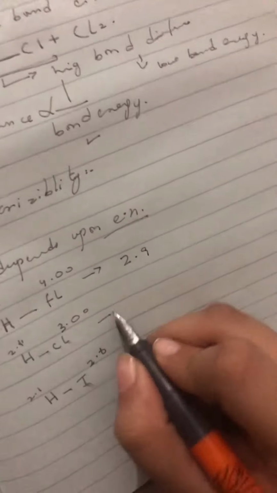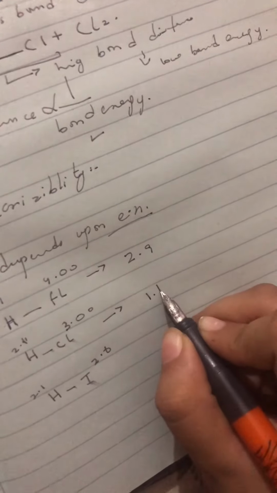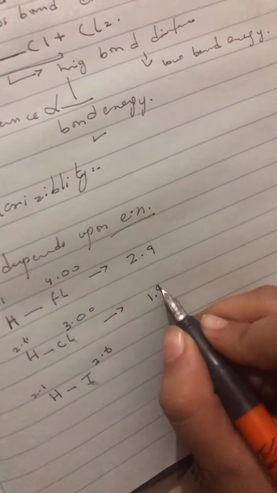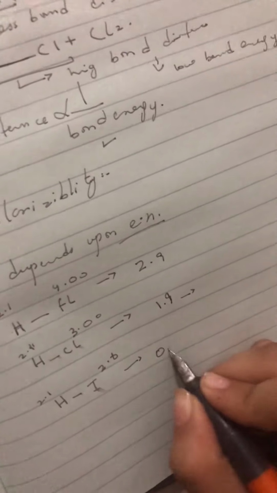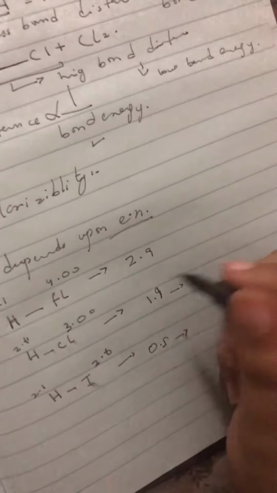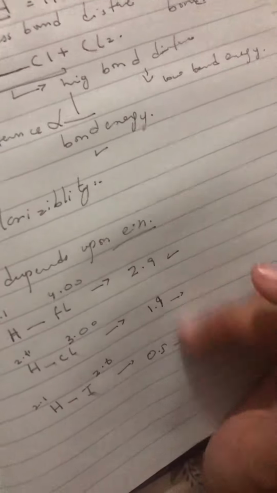And here the difference will be 1.9, and here the difference will be 0.5. So you can see hydrogen fluorine has more electronegativity if you compare with these both.